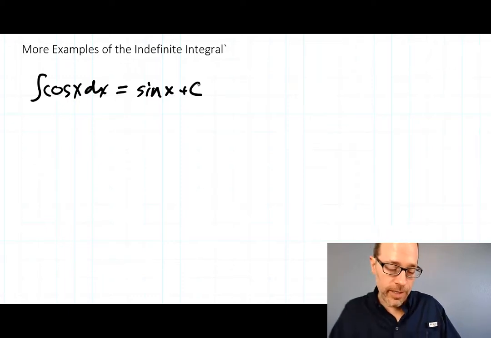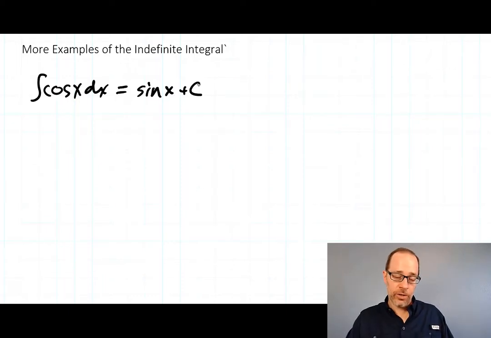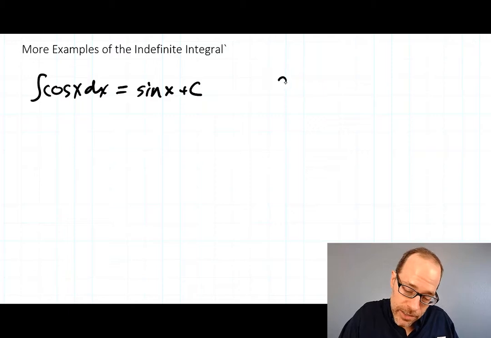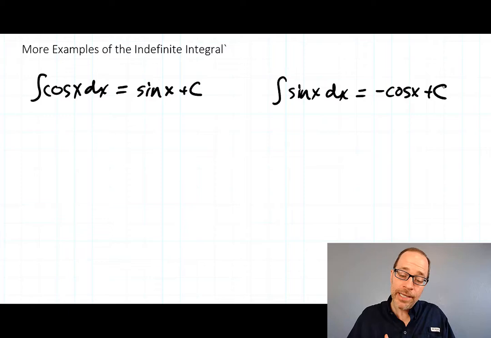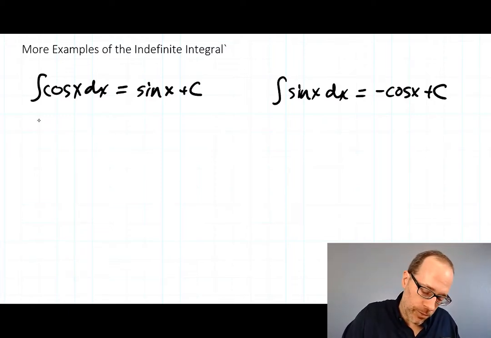And I know the derivative of the cosine is minus sine, so if I want an indefinite integral for the sine of x, well, I do minus cosine of x plus c, because the derivative of minus cosine x is sine. And all the other trig ones are similar.